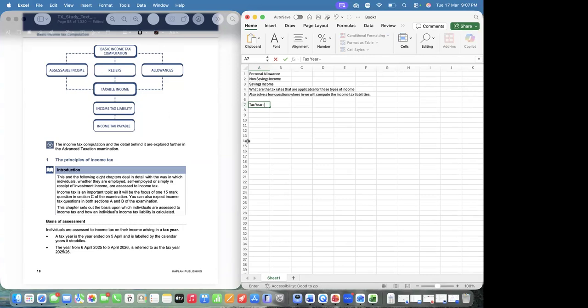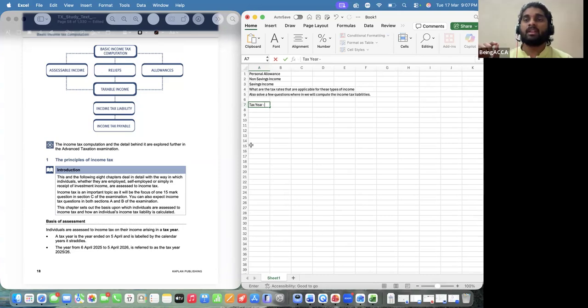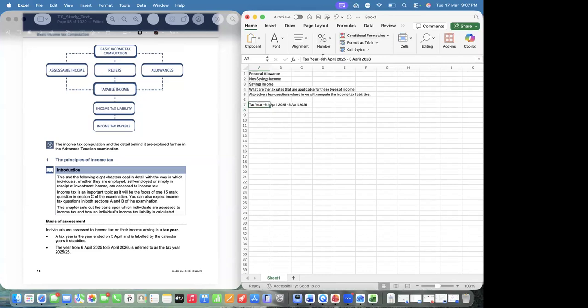So always remember, the tax year in the UK is 6th April to 5th April. In our situation, it would be from 6th April 2025 to 5th April 2026, correct? Yes, sir. Because we're studying the FA 2025.